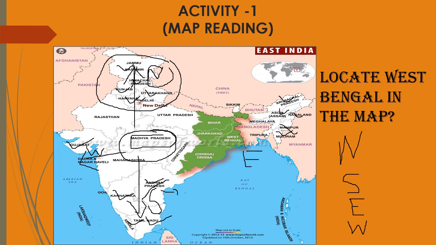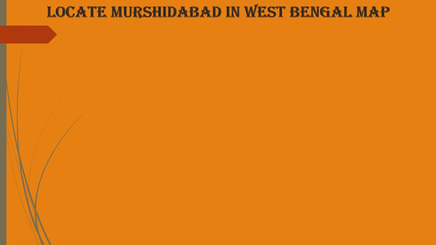So now moving on to the next part. This is a new question. Locate Murshidabad in West Bengal. Now what we have done, we have just located West Bengal in India.